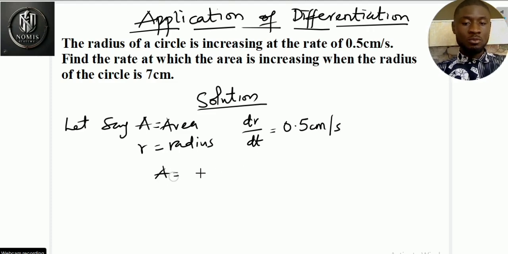While for A, we know that the formula to calculate A is pi r squared. So what do we do now? Let's find dA/dr, that is, differentiate A with respect to r.